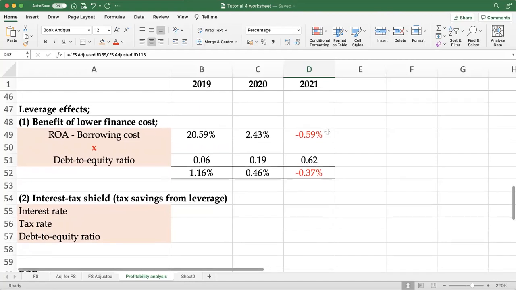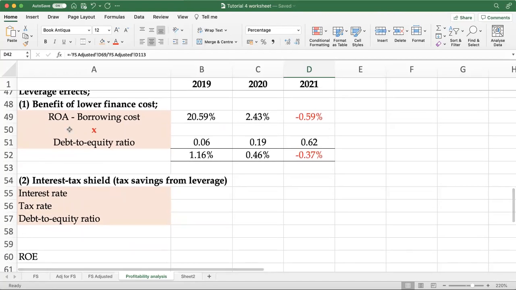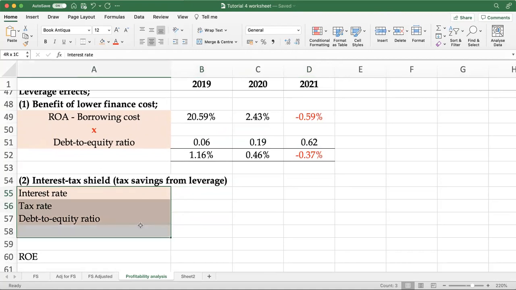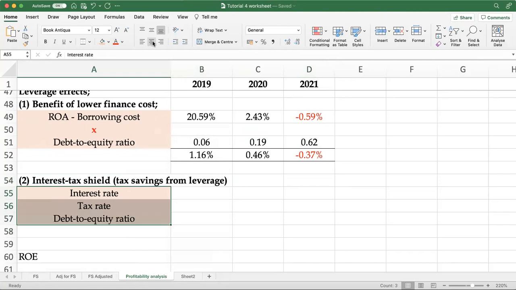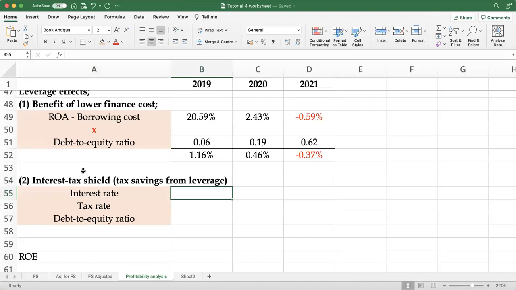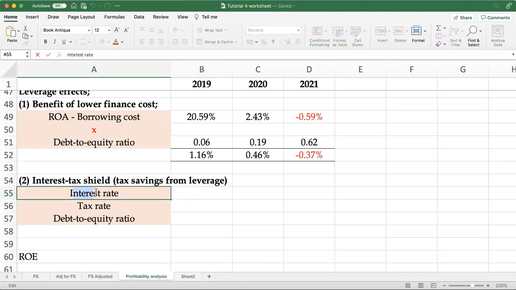Right. Then we can analyze the second part, tax savings from leverage. These are the three values we need to calculate the tax savings from leverage. You need an interest rate, that is the borrowing cost rate.